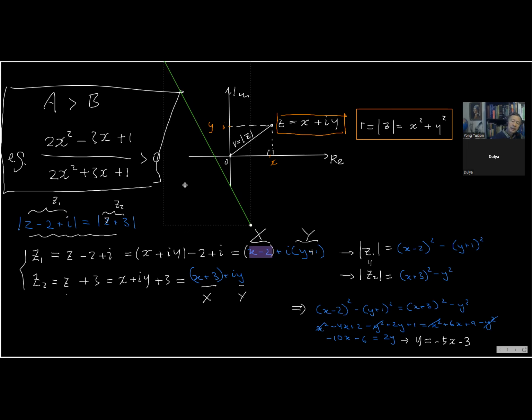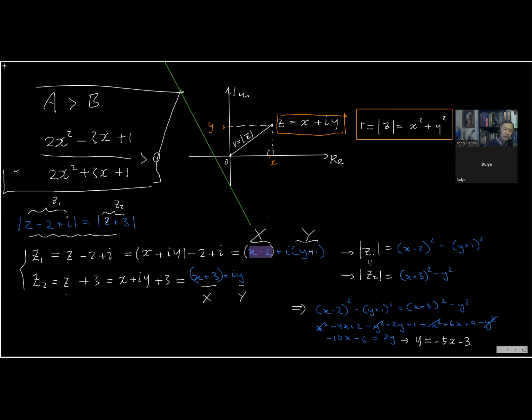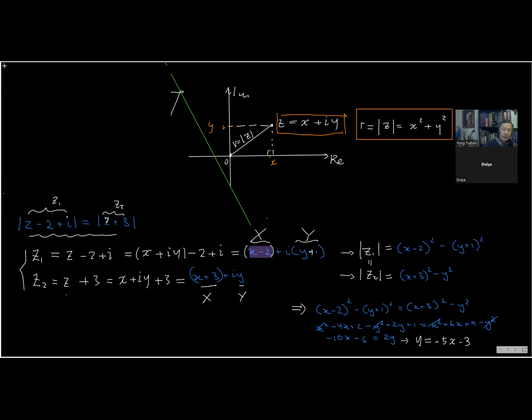Perhaps we can, this is the algebraic way. Let's consider another approach. Let's say this is a complex number. Yeah, we have to think about it twice.